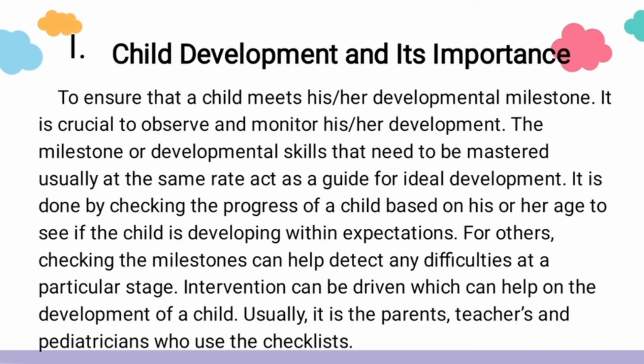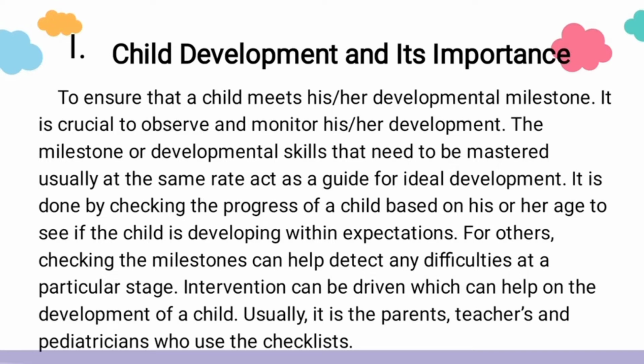So in general, child development and its importance is to ensure that a child meets his or her developmental milestones. It is crucial to observe and monitor his or her development, and the milestones or developmental skills that need to be mastered usually at the same rate act as a guide for ideal development.